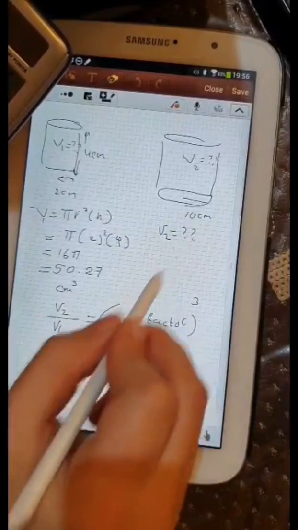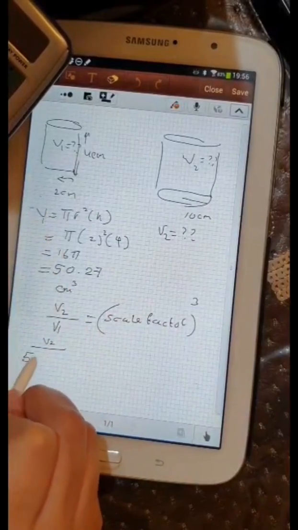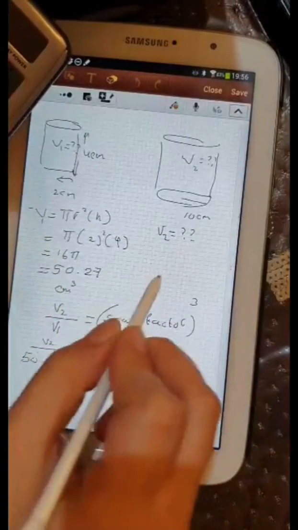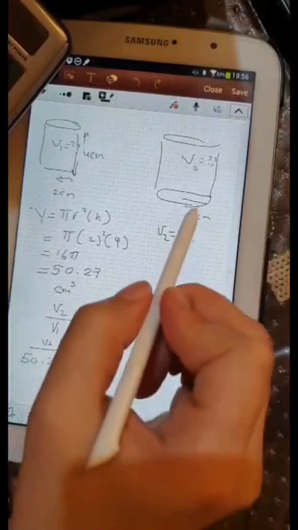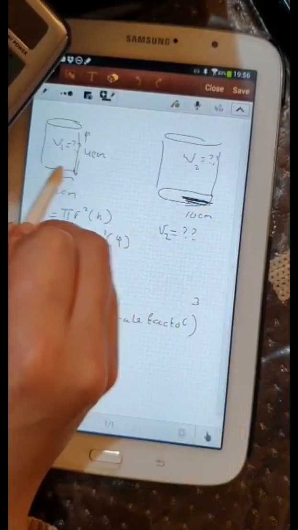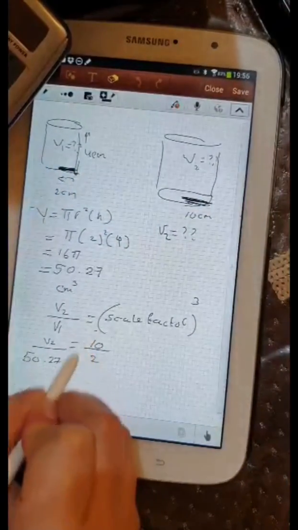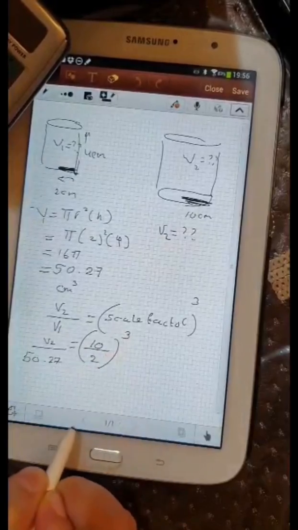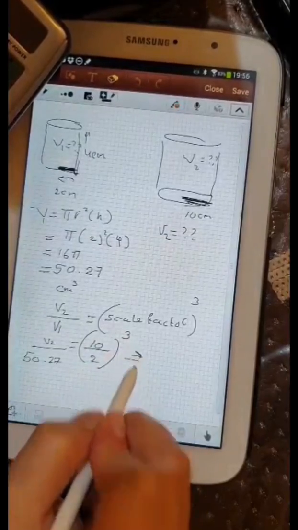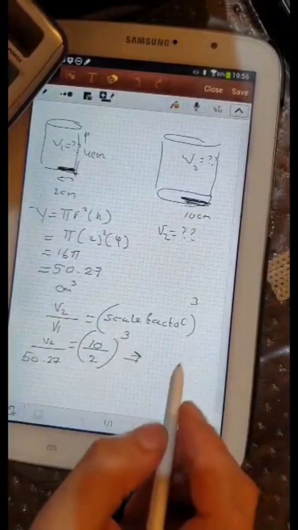So in this case, volume 2, what I'm going to find, over volume 1, what I found, which is 50.27, is equal to the scale factor. I get the scale factor by dividing the radius over the radius of this shape. So it's equal to 10 divided by 2, all to the power of 3. We know that 10 divided by 2 is 5, and 5 to the power of 3 is 125.